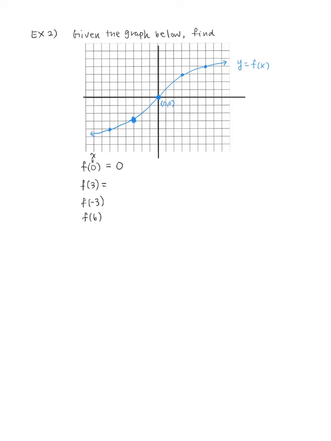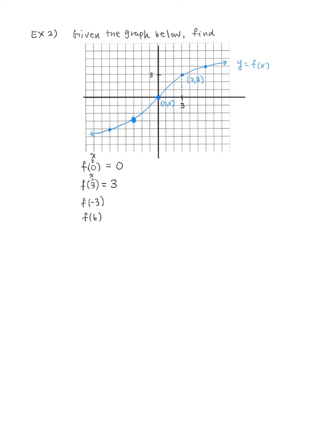Let's look at f of 3. This is asking, when x is 3, 1, 2, 3, what is the corresponding y value? Again, this is our x value. Now what's the corresponding y value? Our y value looks like it's 3. So when x is 3, y is 3. Therefore, f of 3 is 3.